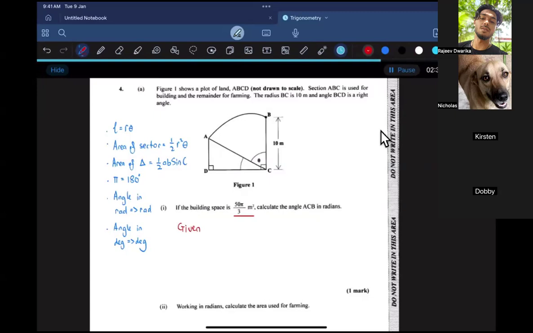What do we measure in squared? Like if I say centimeters squared. Area. Right. So what do they give you? The area. They give you the area from the question. By the way, which portion are we looking at?